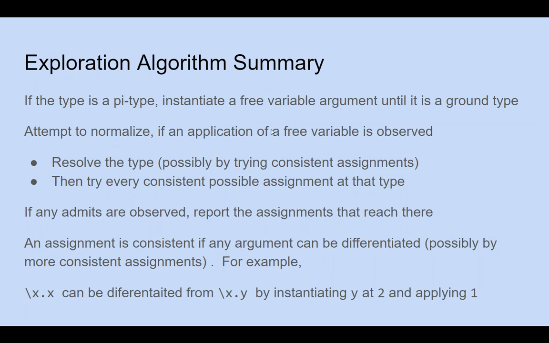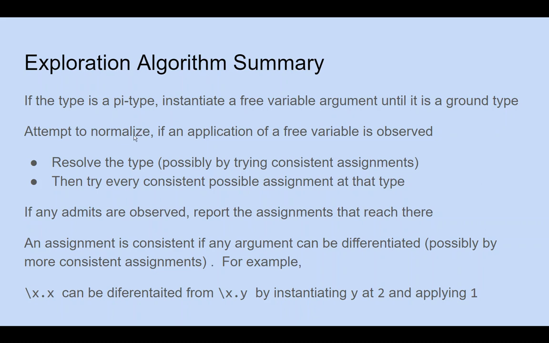So to work around this, this is the exploration strategy we're trying to use. If the type is a pi type, or dependent function type, then we're going to instantiate all the free variables until we get to a ground type. Then we're going to attempt to normalize it with those free variables.